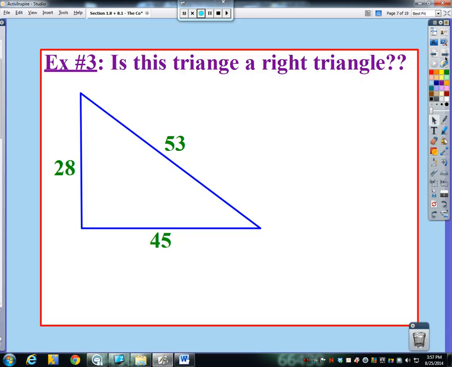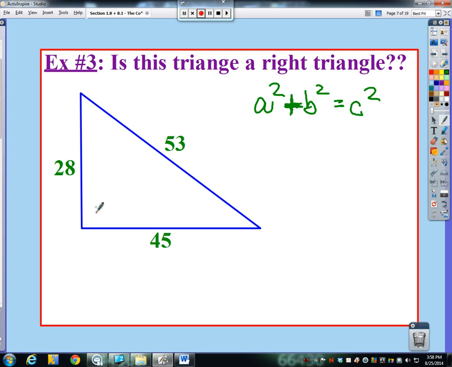Okay, so let's talk about what this would really look like here. So the question is, is this a right triangle? Well, let's see. We don't know. There's no right angle here, but that's what we want to test out. So if the Pythagorean theorem works out, if a squared plus b squared truly equals c squared, then we have a right triangle. Now you might ask, how do I know which side's which?